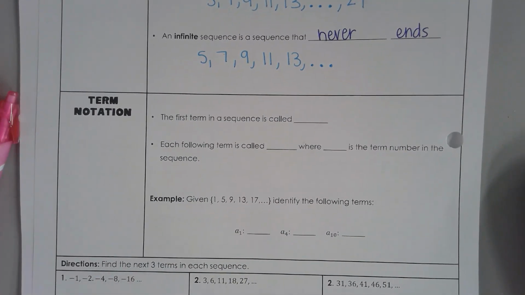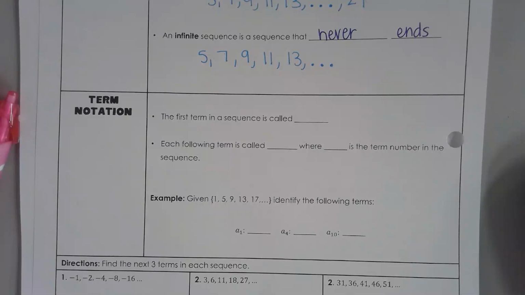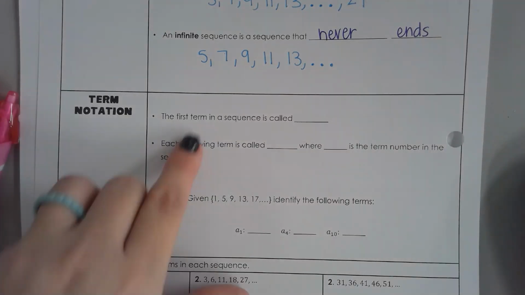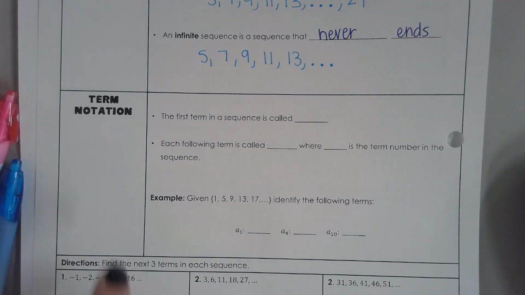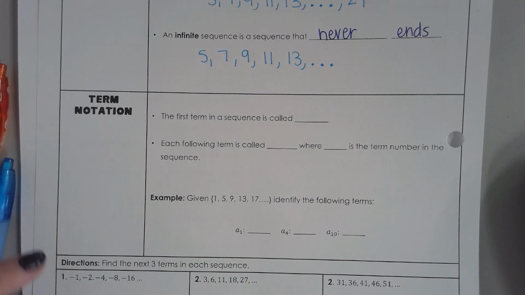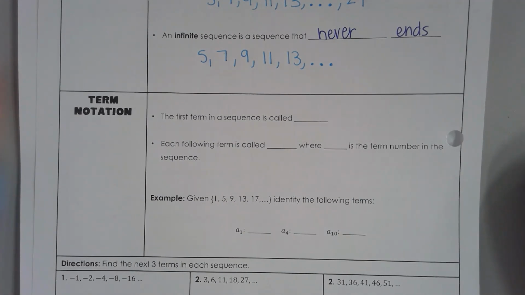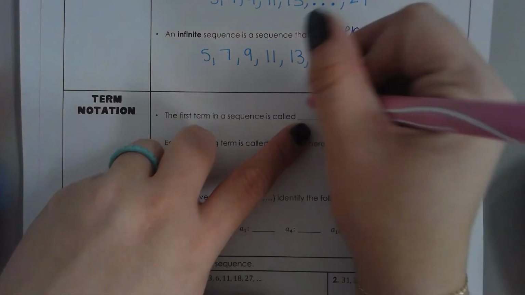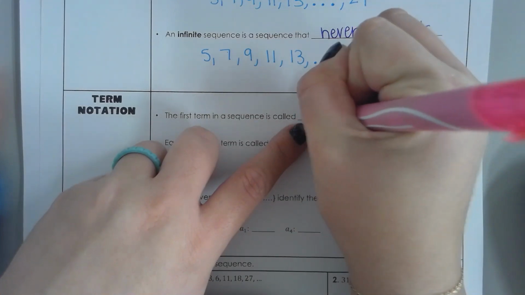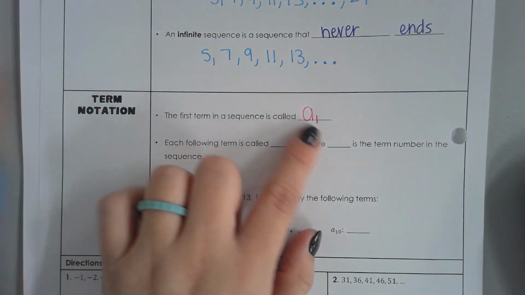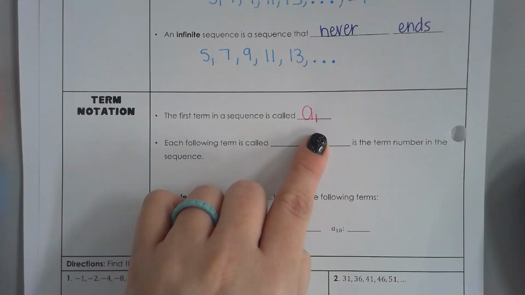The notation that we use is going to be a little different than what you're used to. So when we're talking about the first term in a sequence, and my sequence is up there, what is the first term? 5. When I'm talking about the first term, I'm going to use this notation: a lowercase a with a little 1.